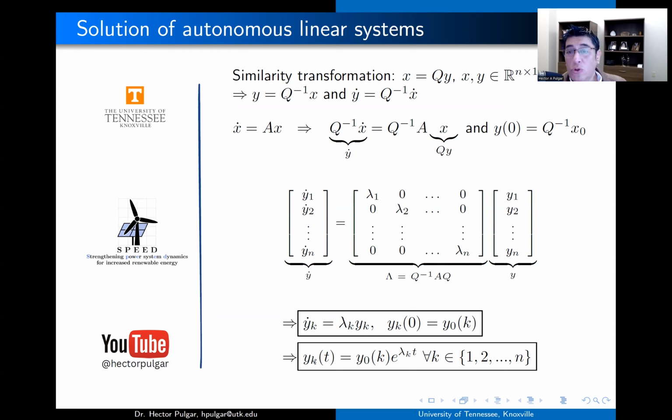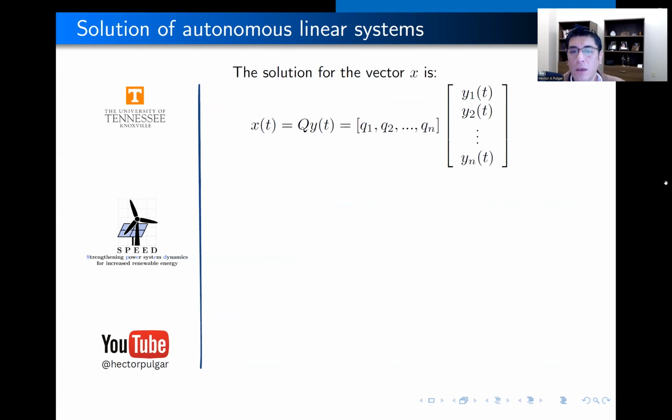Now that we have the solution for all the new state variables y, we can use the similarity transformation to obtain the solution for the original state variables x. The matrix Q multiplied by the new state variables gives us the original state variables.